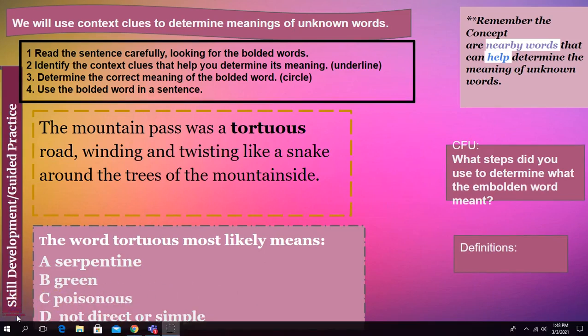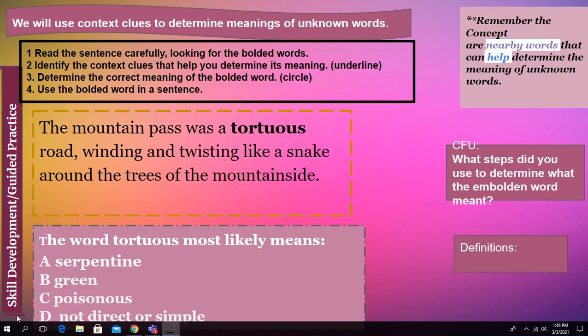The mountain pass was a tortuous road, winding and twisting like a snake around the trees of the mountainside. Here is our sentence, and we're trying to figure out what the word tortuous means.